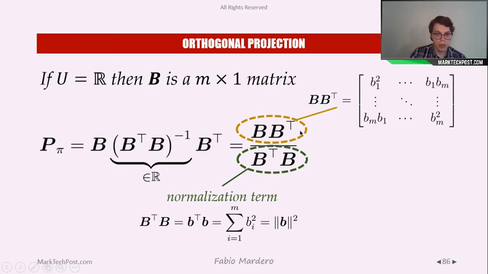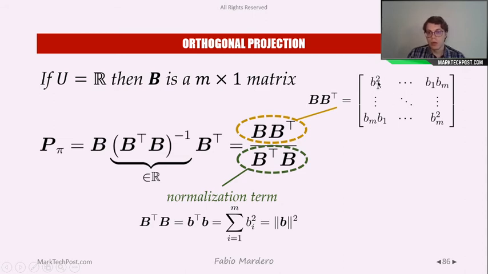So we can write that the projection matrix, when U is a line, an axis, is b times b transpose divided by b transpose times b. This is a number, while this is an m times m matrix. Remember, because this b is m times 1, b transpose is 1 times m, so the inner dimension is deleted in a multiplication between matrices, so we get m times m.